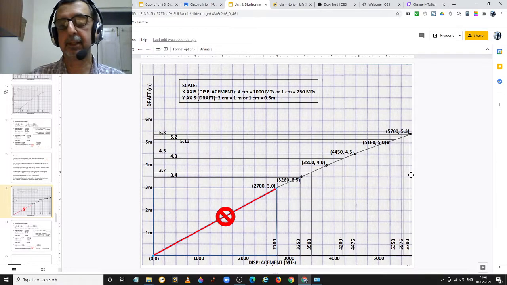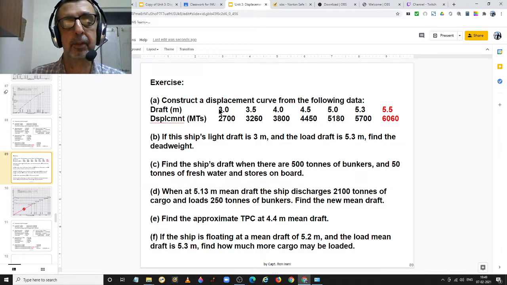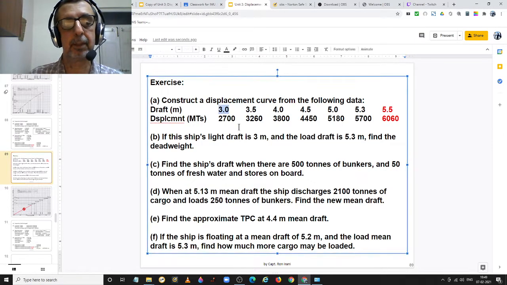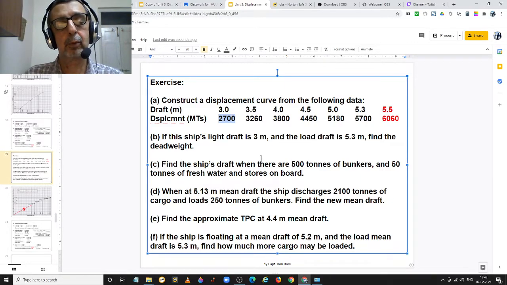Hence, friends, it is always very important to start off with your very first point being the 3 meters, as in this problem, on the y-axis and 2700 metric tons on the x-axis, or 2400 on the x-axis.